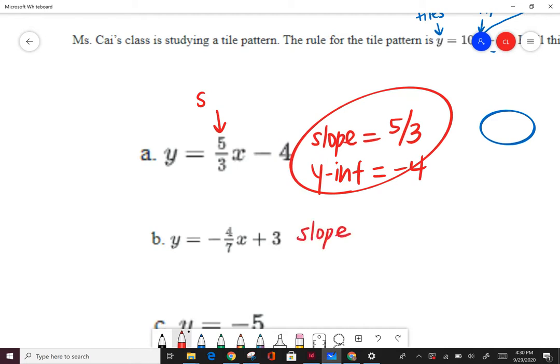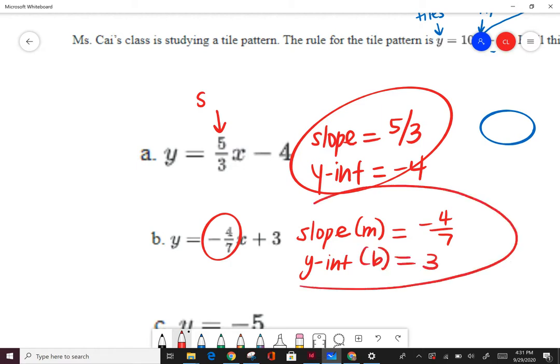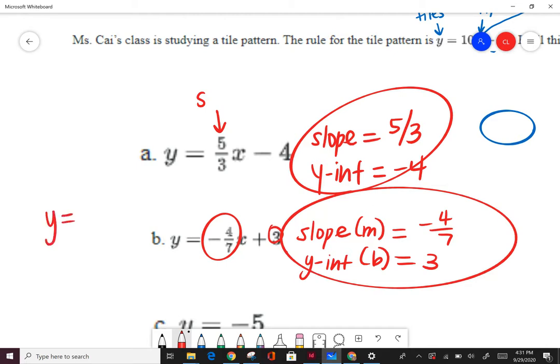Another way of saying slope is our m. And our slope is -4/7. That's the number of tiles it's going by. And the y-intercept, another way of saying y-intercept is b, is 3. Okay, it's coming from here. Okay, and I'm going to remind you, this is called slope-intercept form.